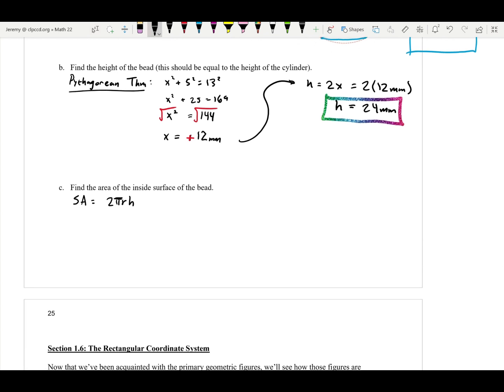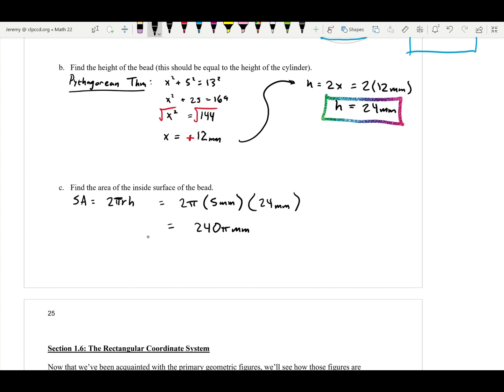We just want to compute this. Let's substitute in our values. It'll be 2 pi times r, which is 5 millimeters, times h, which is 24 millimeters. Multiplying together, I believe we'll get 240 pi millimeters. And that's one way you could write your answer. That's the exact answer, which I would actually prefer in most scenarios.